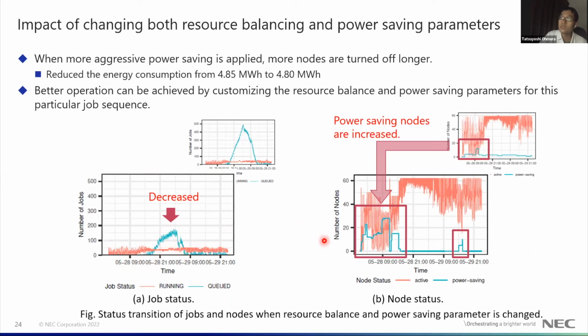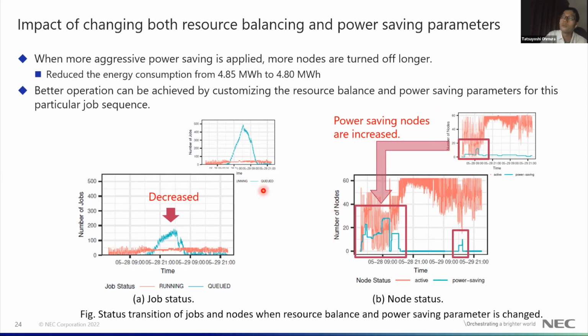The right figure shows the changes in the number of power off and running nodes. The upper right figure shows the simulation results before changing the configuration. You can see that when more aggressive power saving is applied, more nodes are turned off longer.